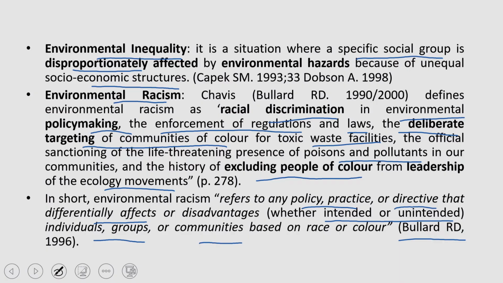That means if there is a policy which is differentially impacting a particular group or community, it is a case of environmental racism. If policymakers say that it was not done intentionally, that cannot prove that it was not a case of environmental racism. Bullard says it will be treated as a case of environmental racism, whether intended or unintended.